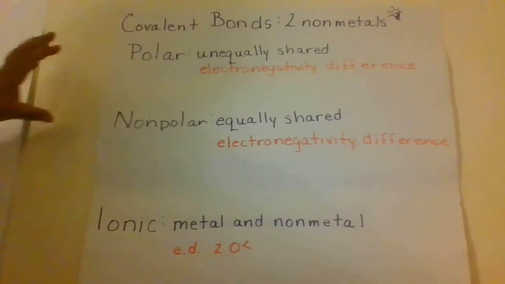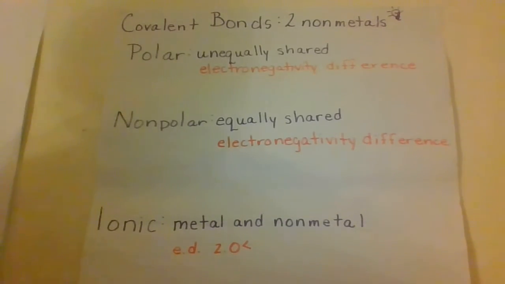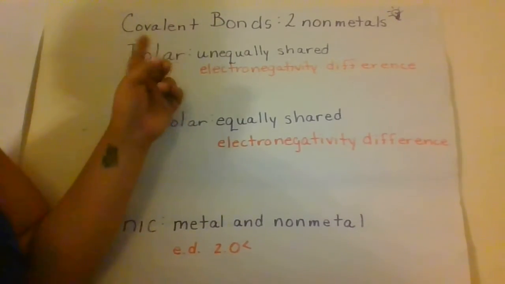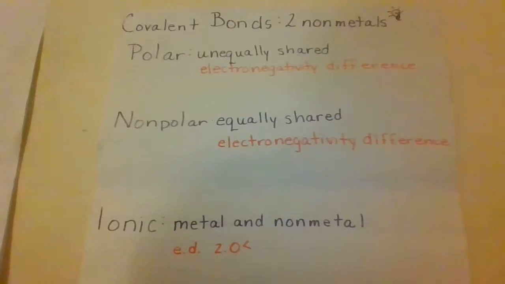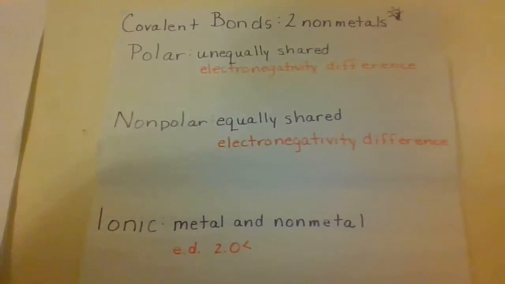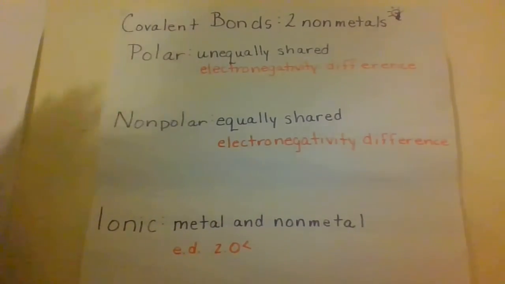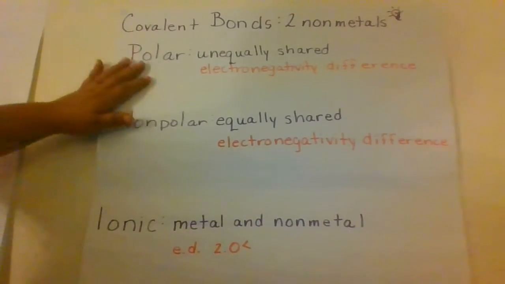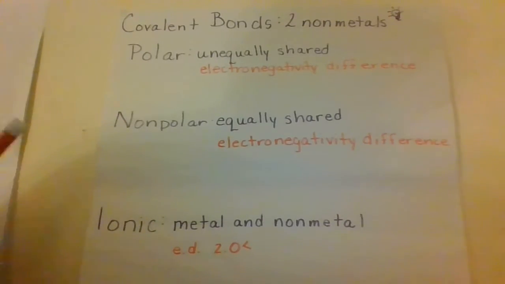So let's talk about the covalent bond, the bond that happens between two nonmetals. We talk about polar being unequally shared within those compounds. So here we would have, for instance, HCl. HCl is going to be something that does not equally share those electrons between those two. But we're also going to talk about this in terms of differences in electronegativity.